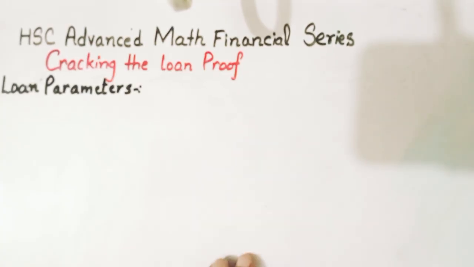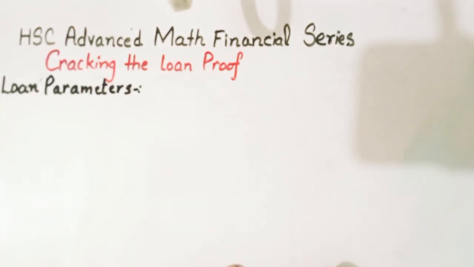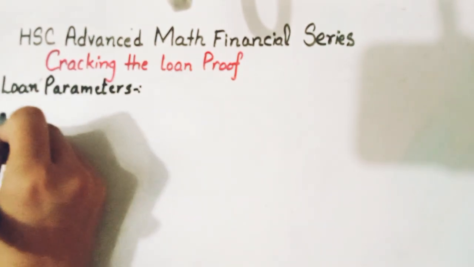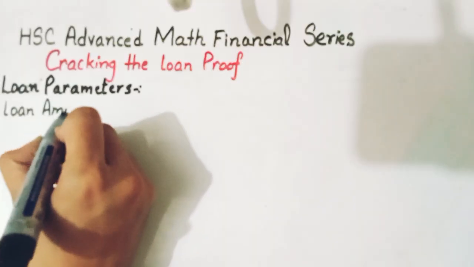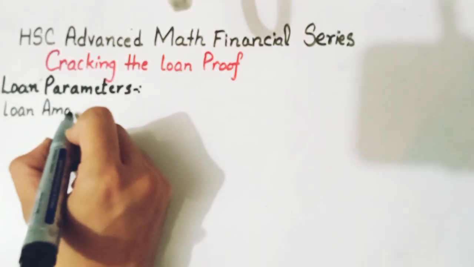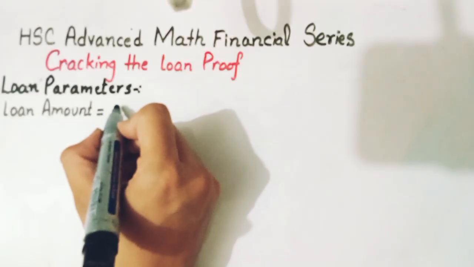Now first of all, we will crack the loan proof by using the loan parameters. What are the loan parameters? We have the loan amount, which is the principal amount.